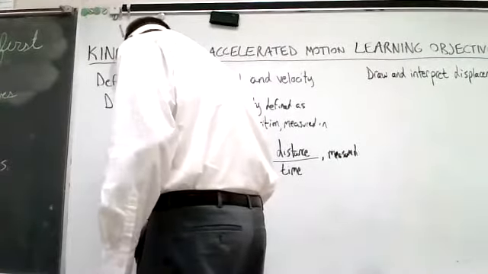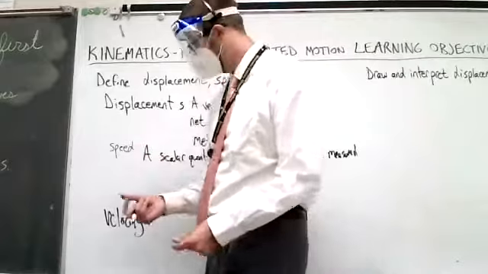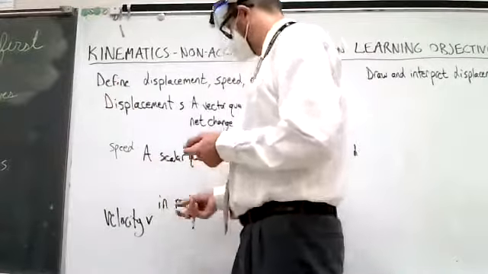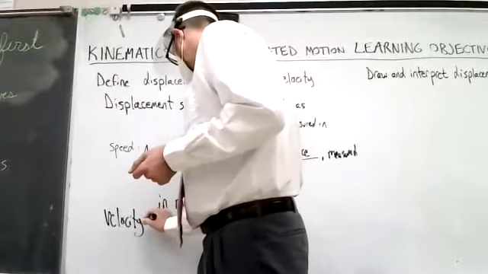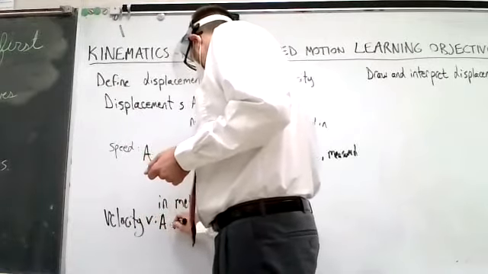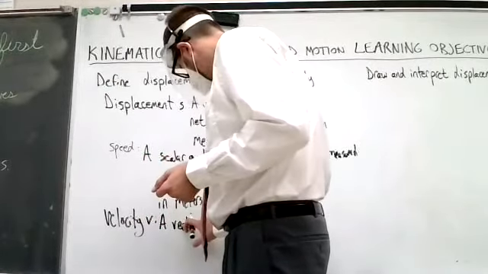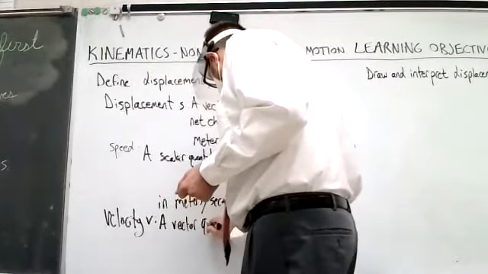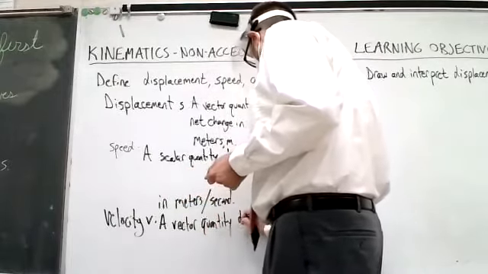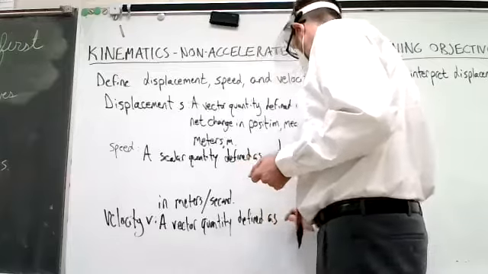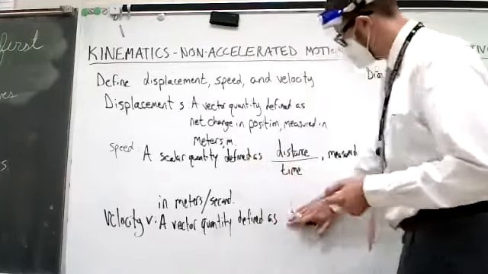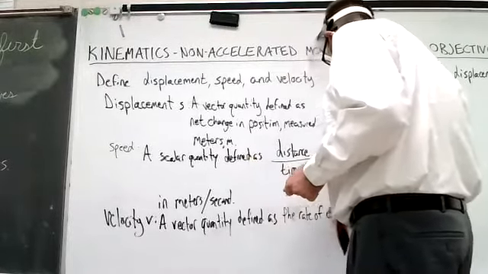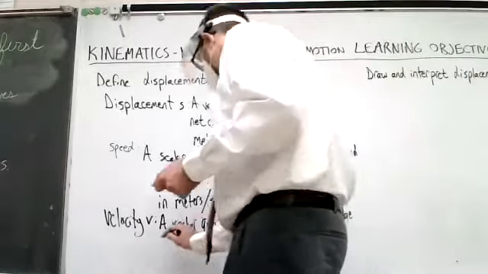we'll use the letter U or V for that. Remember, once we get to acceleration, we're changing our velocity, so we need some nomenclature to state initial and final. So we use U and V, but in general V. So velocity V is a vector quantity defined as the rate of change of displacement.